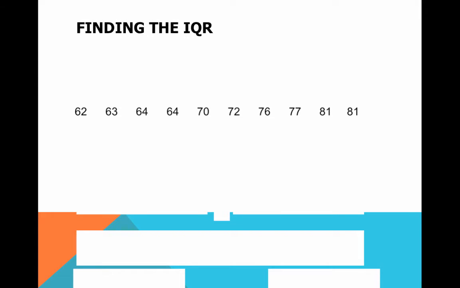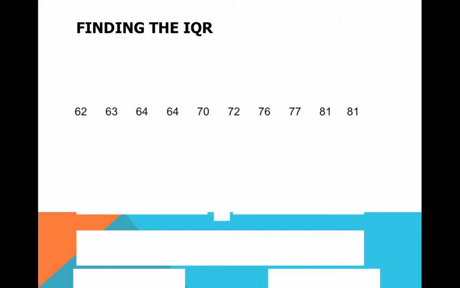Here we have a set of 10 numbers, and we put them in order already, from lowest to highest. That is one step you want to do when working with the interquartile range: take your series of numbers and order them from lowest to highest.